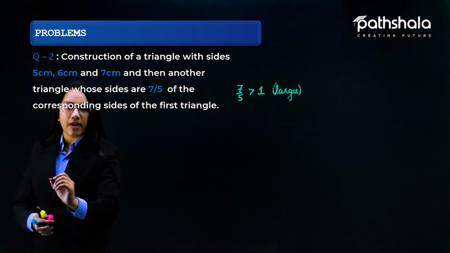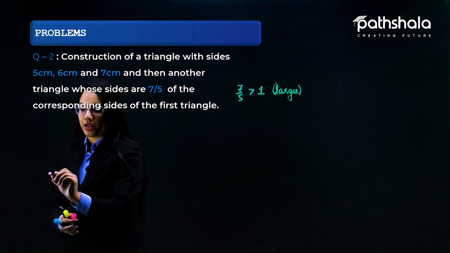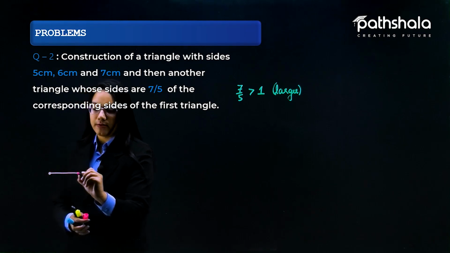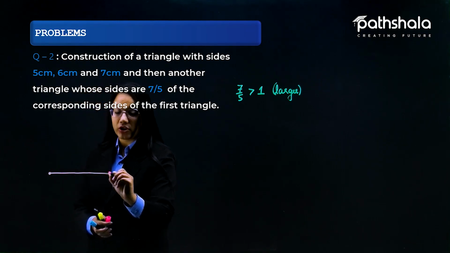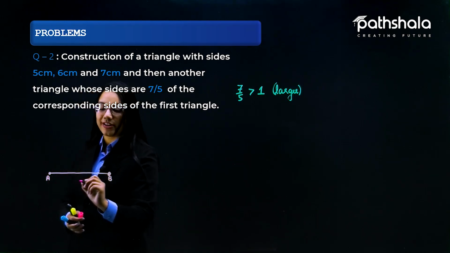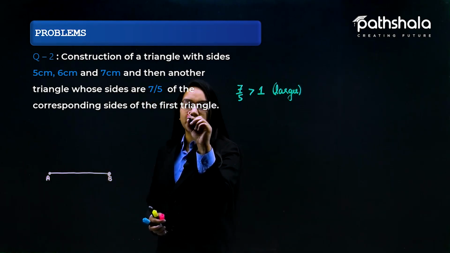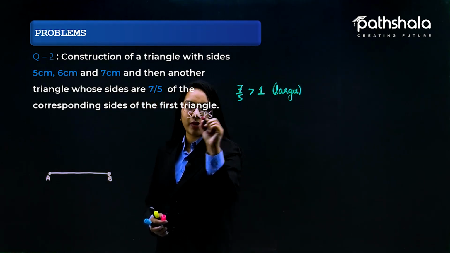Let us suppose I first take AB as 5 centimeters. My very first step of construction involves taking AB as 5 centimeters. Let me write the steps of the construction one by one over here as well.